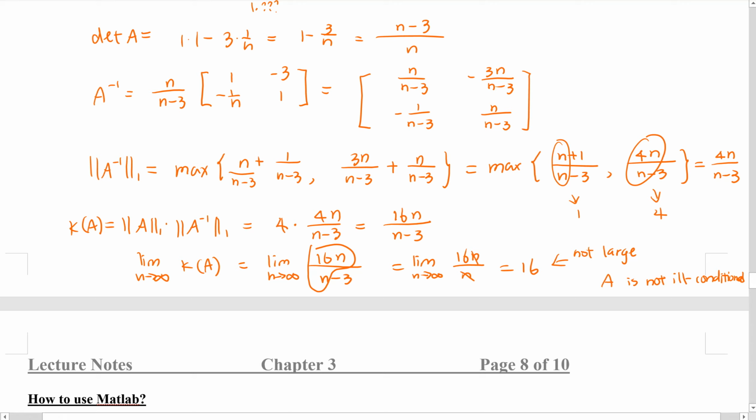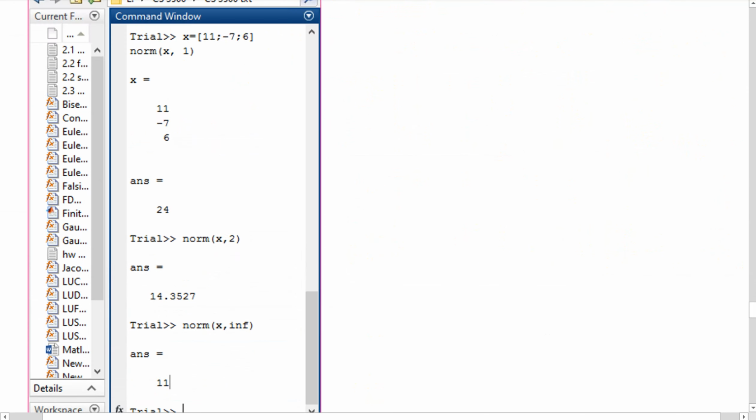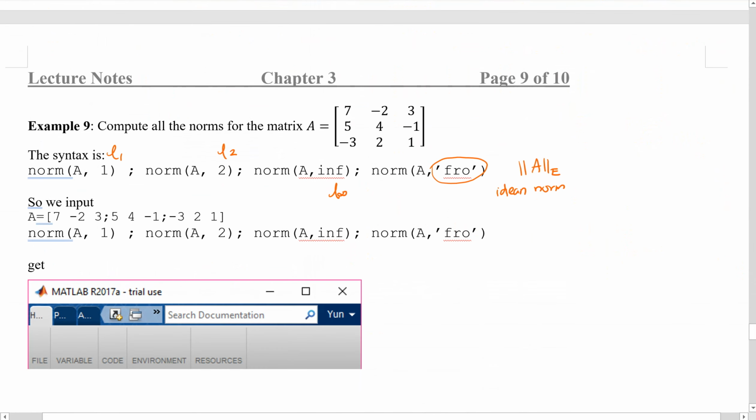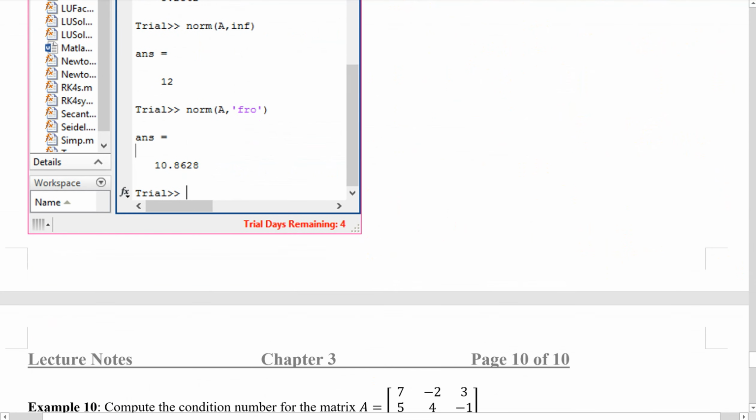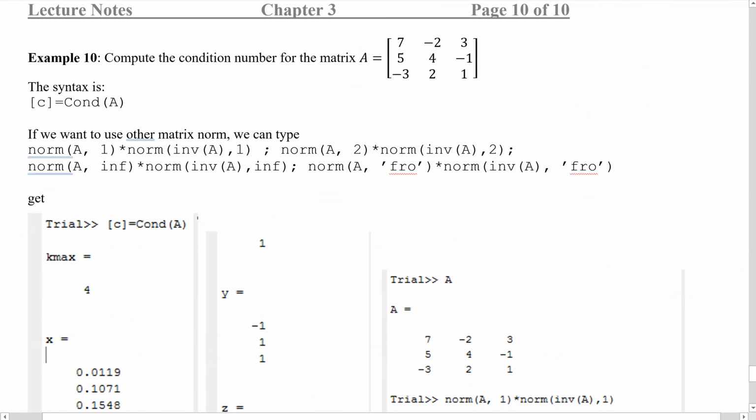Okay, now we have talked about the condition number. I'm going to go ahead and talk about how to use MATLAB to compute it. Last video we talked about how to use MATLAB to compute the norms. Well, for the condition number, the syntax is C equals cond(A).